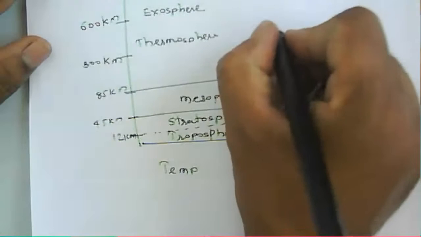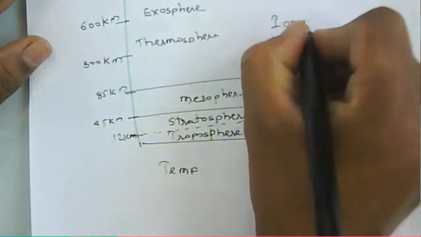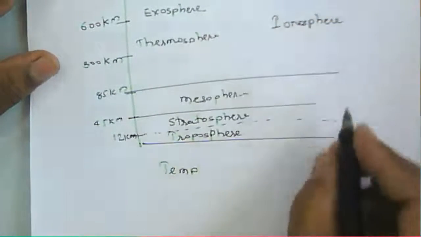In this particular region, we say ionosphere, that is about electron density.